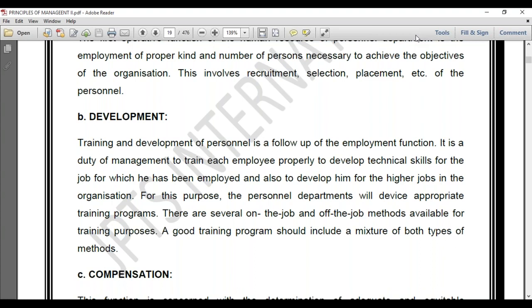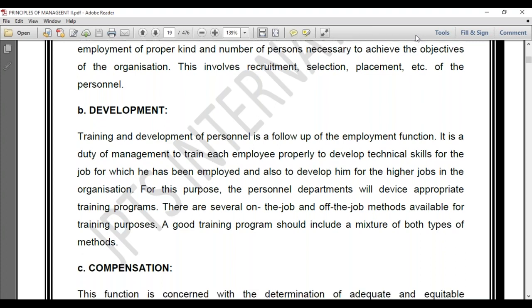So invariably, training and development of personnel is a key job function of a human resource person. Each employee has to be properly developed. Their technical skills have to be developed in order to make sure that the personnel is fit for the job.